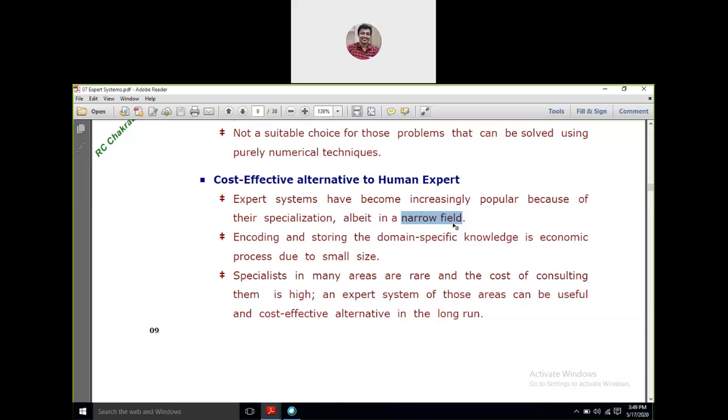That means they are in a specific domain. Encoding and storing the domain-specific knowledge is an economic process due to its small size, right?